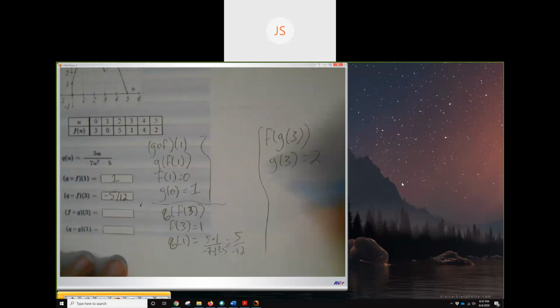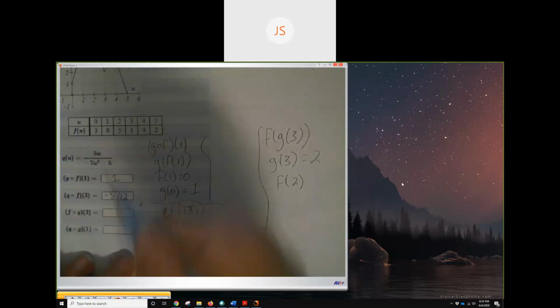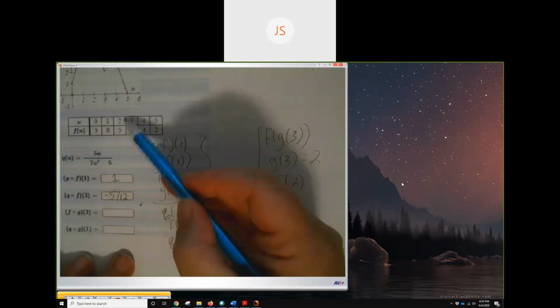And now that I know that G of 3 is 2, I can take this G of 3 and replace it with a 2. And then F of 2, F is my table. So when U is 2, F of U is 5.